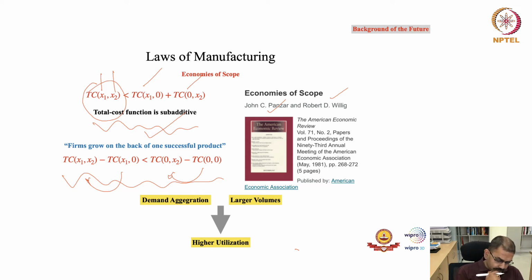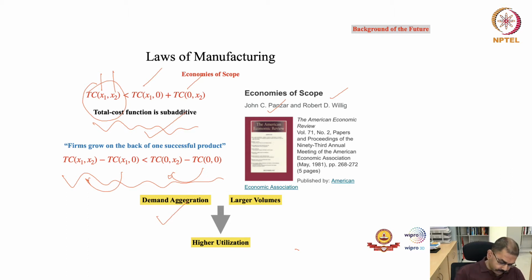And this concept may be not very trivial to understand, but one reason which can lead to economies of scope could be because customers may have varied demand. If you produce multiple products with different variety, in that case, the customer matching may be better. You may have a higher demand.